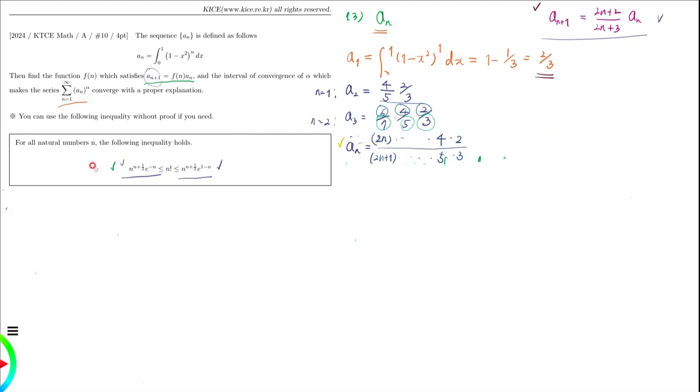And to use this inequality, we have to do a little bit of massage of this formula of the nth term here.